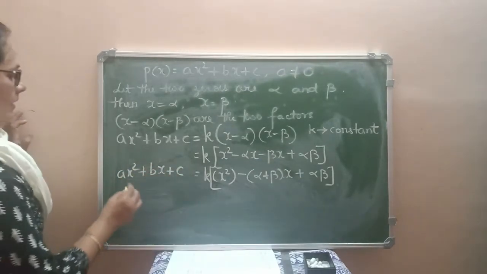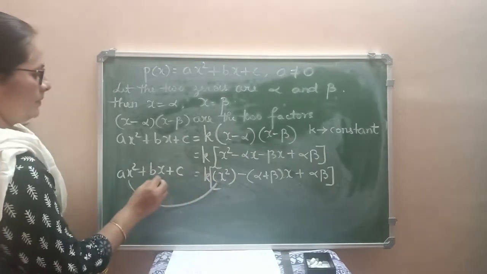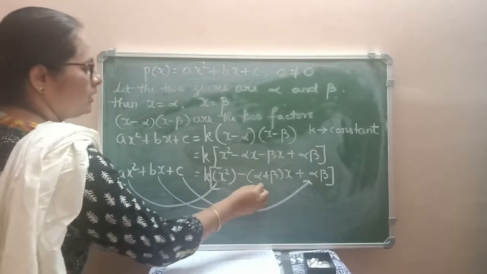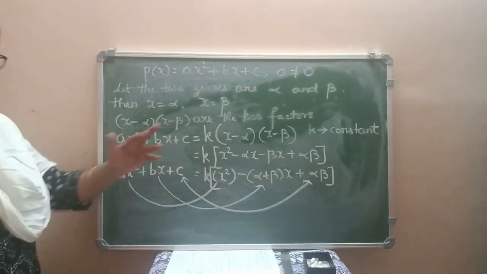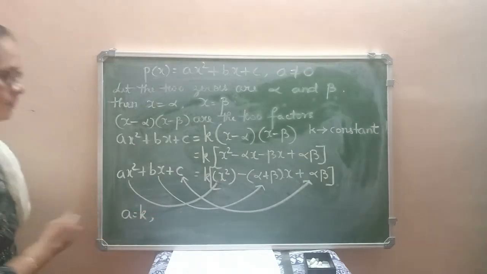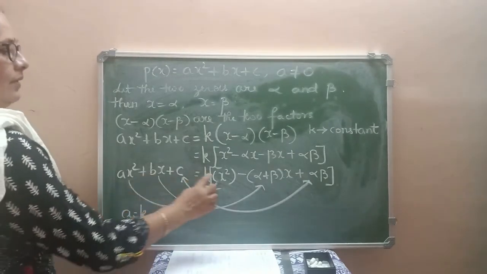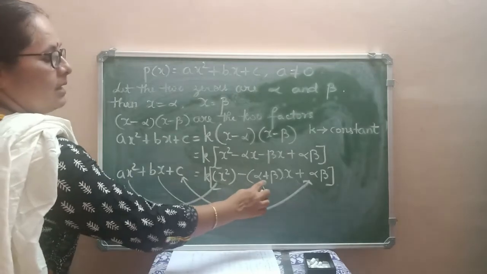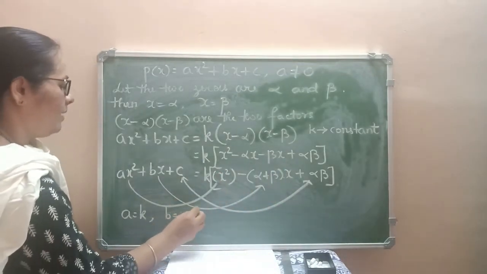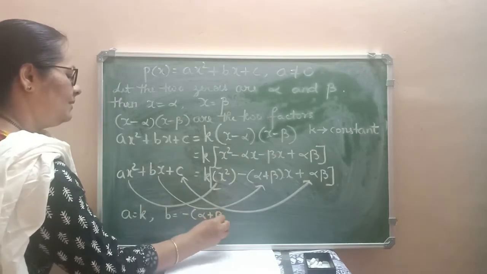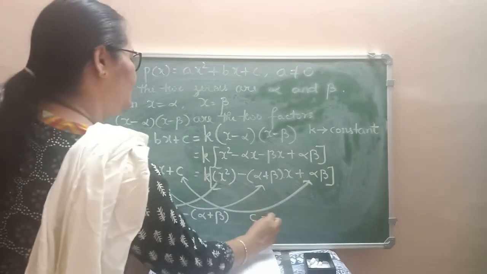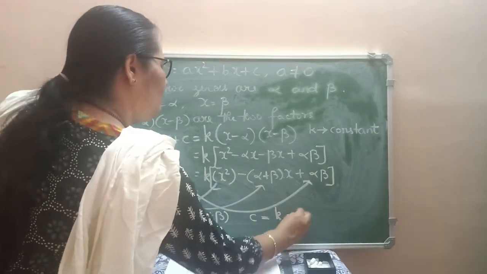On comparing the coefficients, you will get a equals to k, then b is equal to k into minus alpha plus beta, then c is equal to k into alpha beta.